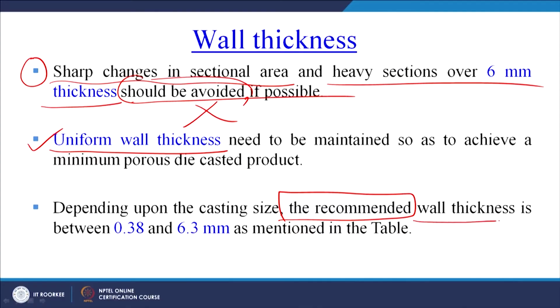This is not the only information, there is a wide variety of information which is available. So when we have to make a product in aluminum using the die casting process, and we have to decide the wall thickness, there is a recommendation. Depending upon the casting size, the wall thickness is between 0.38 to 6.3 millimeter as mentioned in the table. The table is given on the next slide.